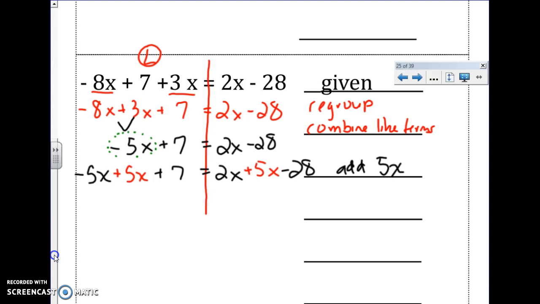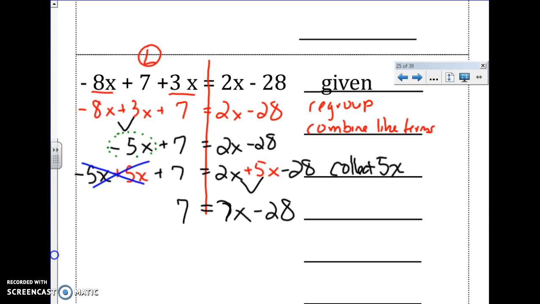And actually, I should have been using this word before, so I'm collecting by adding 5x's to both sides. -5 plus 5 are additive inverses. They cancel out, and I get 7 equals 7x minus 28, because I'm going to put those together.